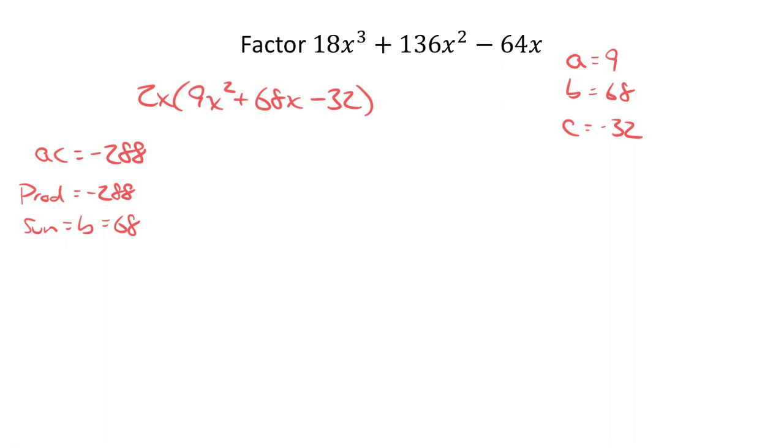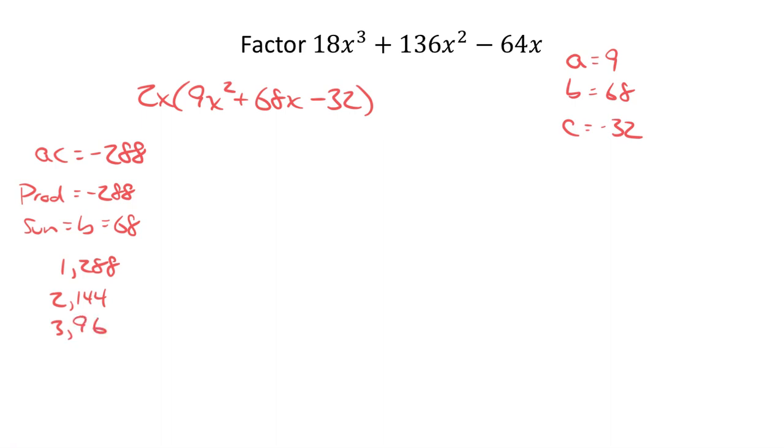I'm going to list out a few of them, and as we go, I'll think about what the differences are. So I could try 1 and 288. The difference there is 287. That doesn't work. 2 and 144. The difference there is 142. 3 and 96.